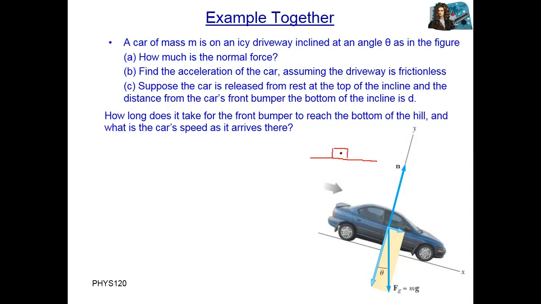So the angle is 0 because this is parallel to the x-axis. We have two forces. One is downward, this is gravitational force, or you can say the weight of the body. The second one is upward, a normal force.